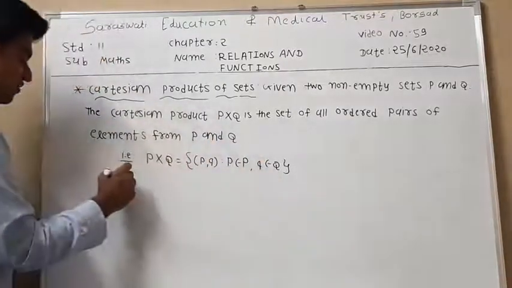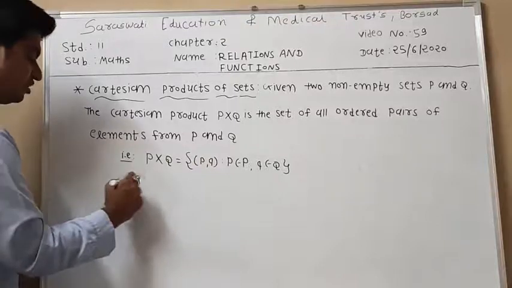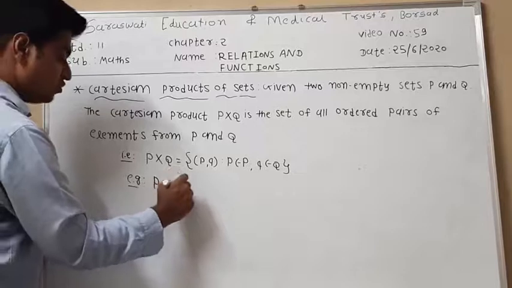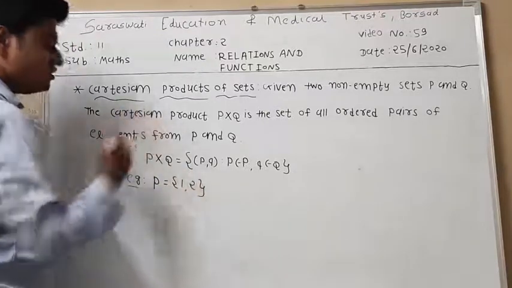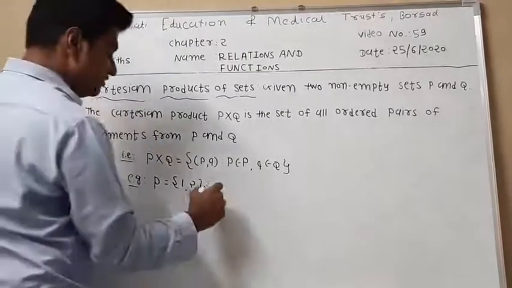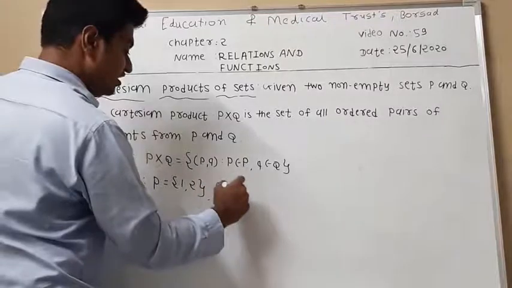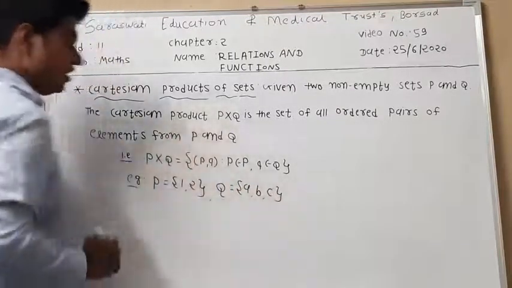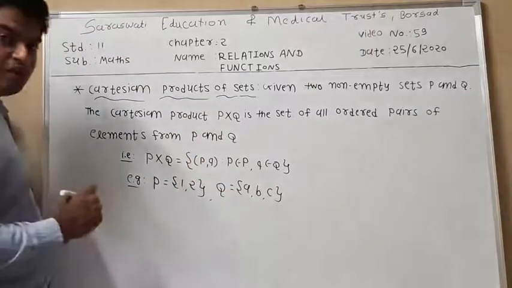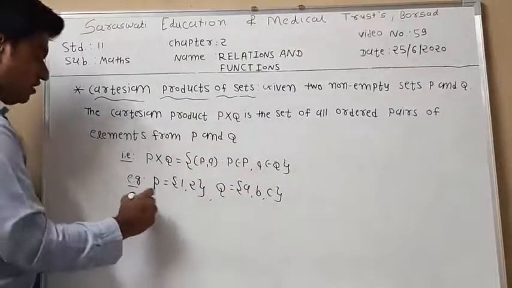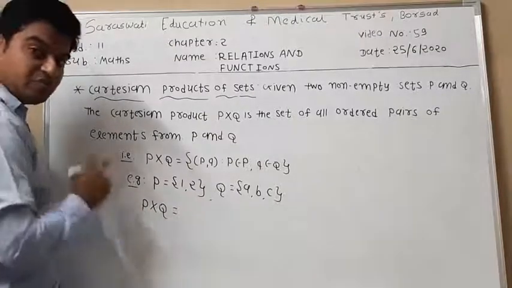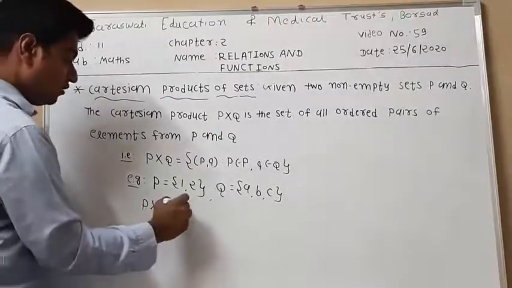Now we can take one example. Suppose set P has 2 elements and set Q has 3 elements. Now we find the Cartesian product of P and Q. How can we find it?